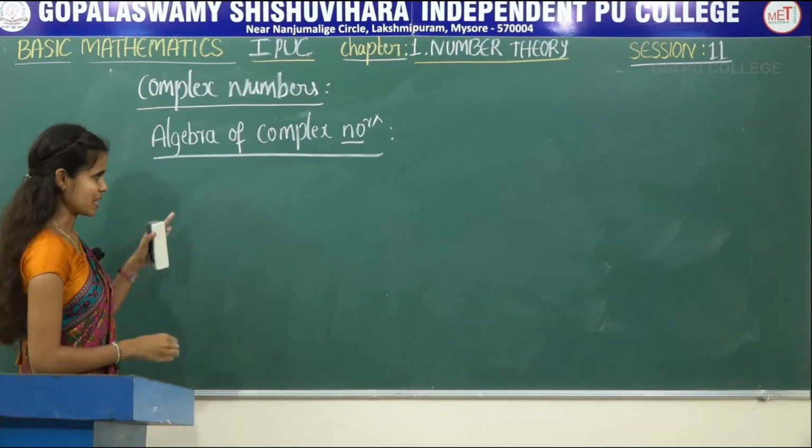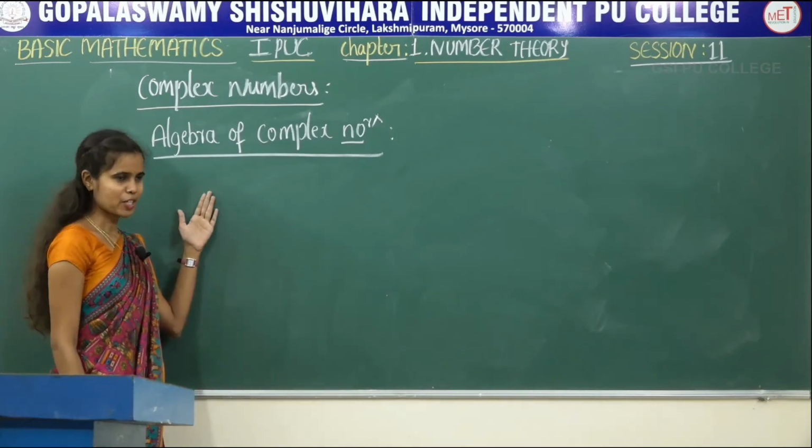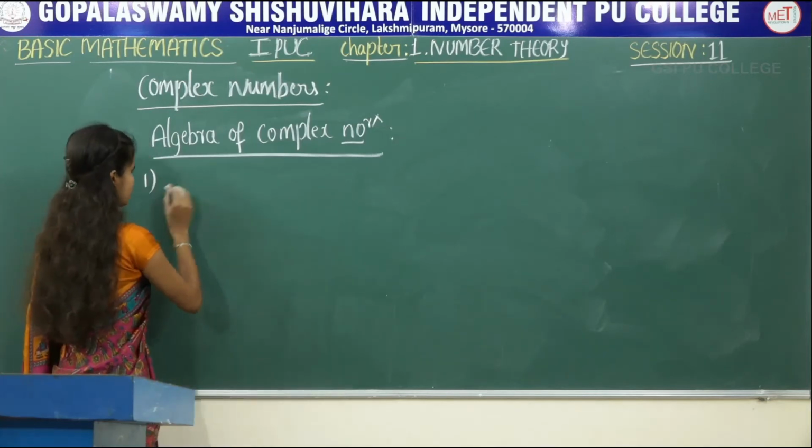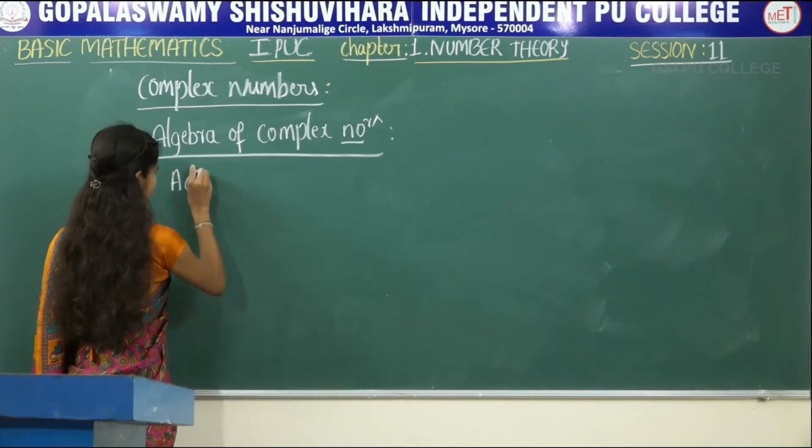Algebra of complex numbers means addition, subtraction, multiplication and division of complex numbers. So first consider addition.